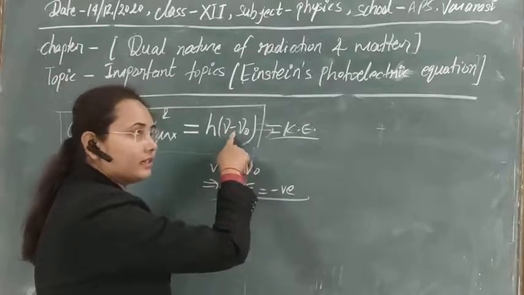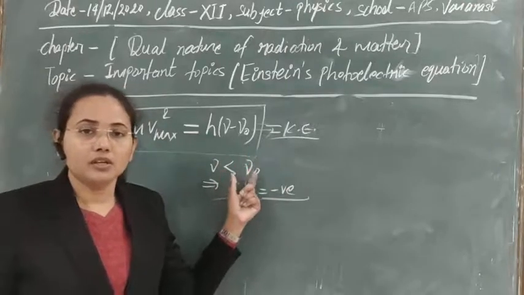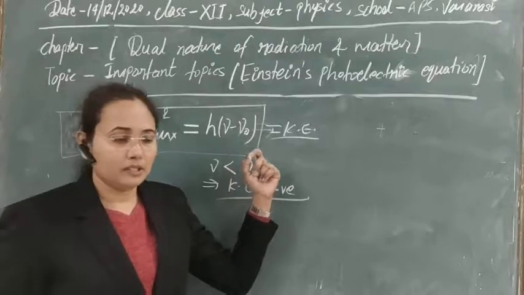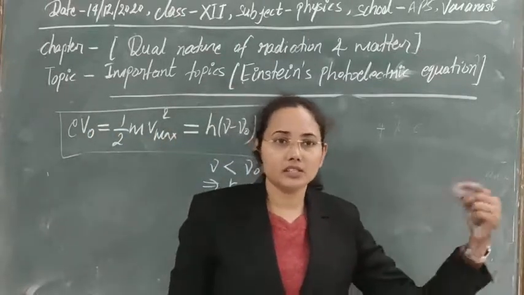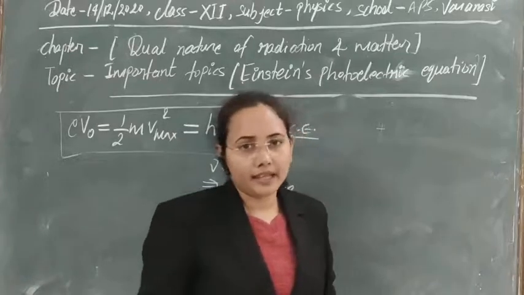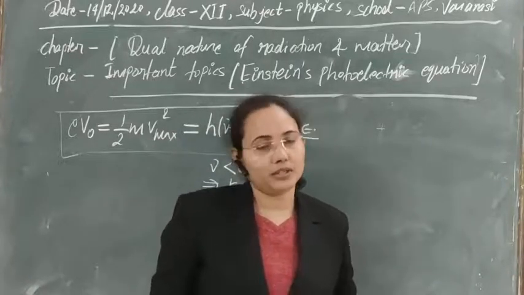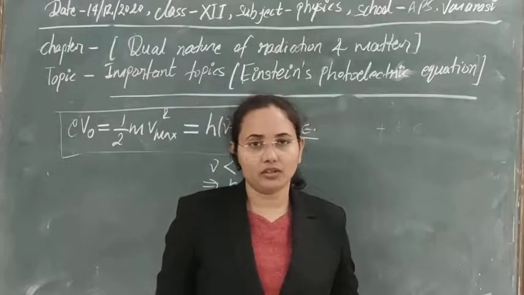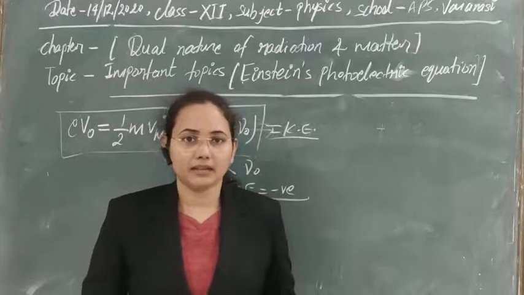At energy equal to this threshold frequency, the kinetic energy will be 0. So the electron will eject, but it will not have the kinetic energy to reach the anode. At that time, if we apply a greater positive potential to the anode, then we can attract that electron, which means some electron emission can be obtained.